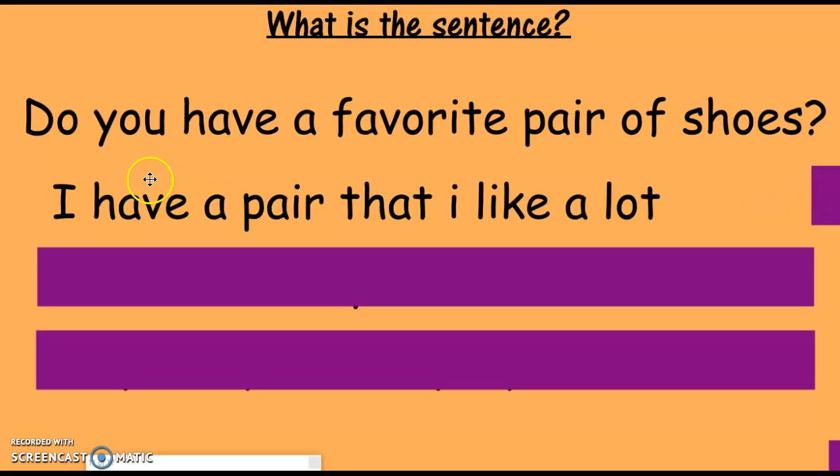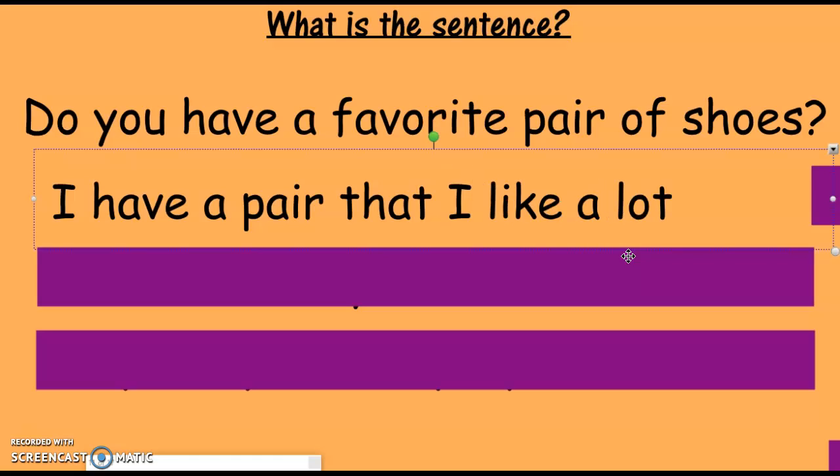If we go to the very beginning of our sentence, our I is already capitalized. I have a pair that I, look right here. Even though this I is not at the beginning of our sentence, when an I is by itself, it's always capital. So we needed to change that to a capital I. I have a pair that I like a lot.